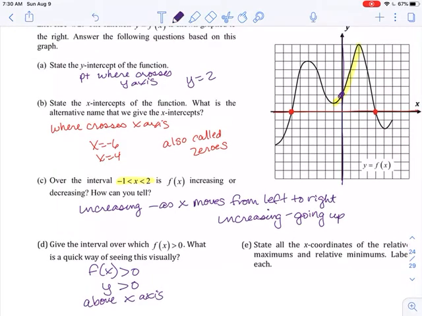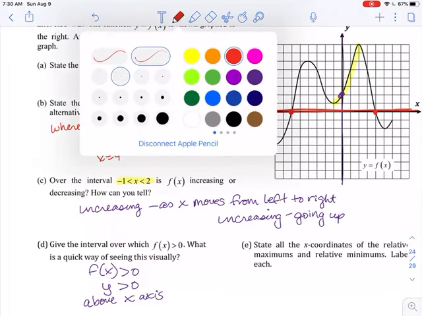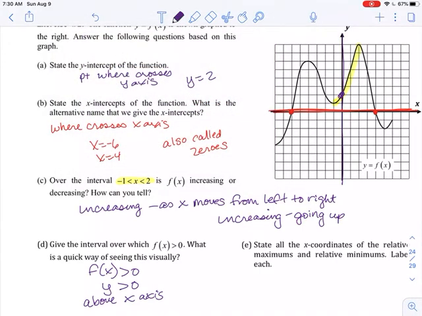Here's my x-axis. It's anything above that line. So my x-intercepts are -6 and 4. So the interval where y is greater than 0 is going to be where x is less than 4 and greater than -6.